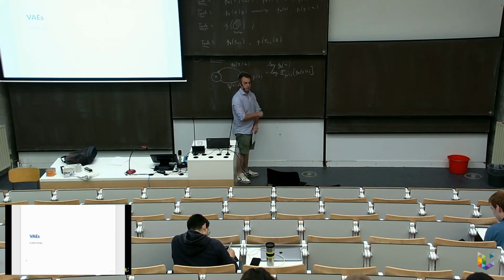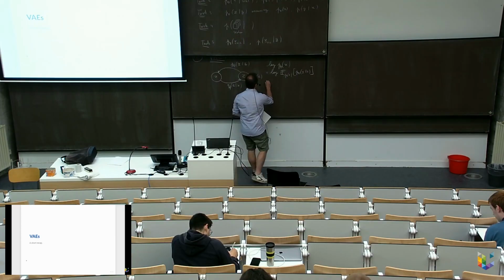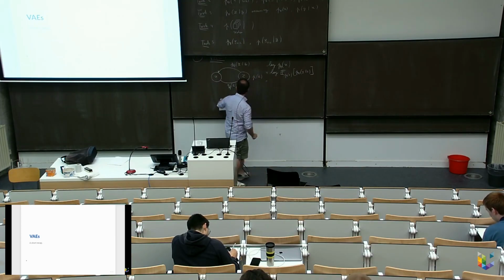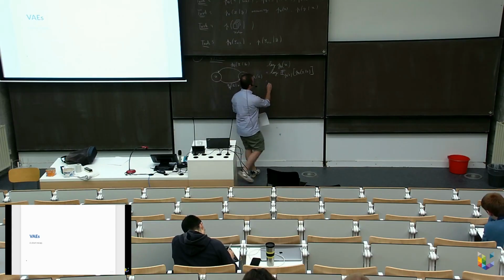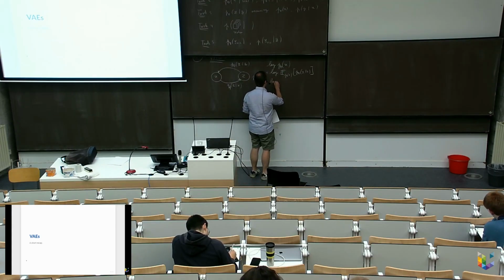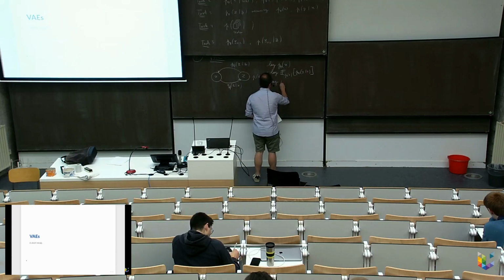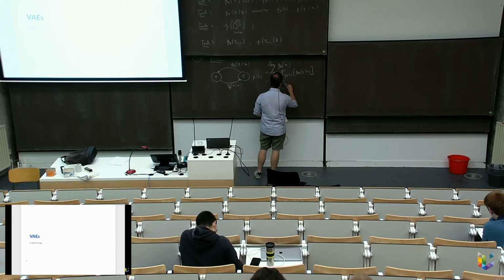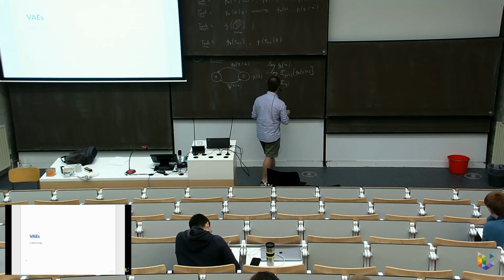So in order to be more efficient, what we did instead was to consider the encoder as a way to sample Z's that would already explain the data well. So we switch the sampling distribution to the encoder.